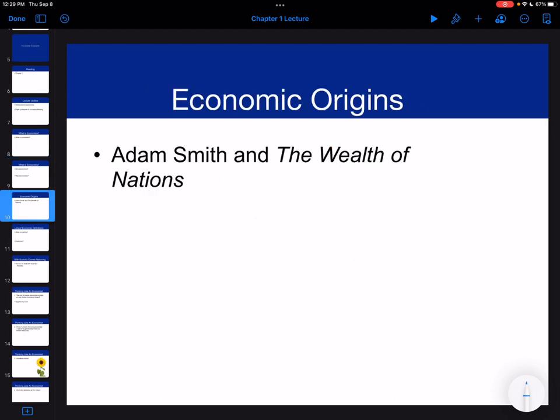All right, so where does it all begin? Well, for us, it begins with this class. But for economics, it goes back to Adam Smith. Adam Smith was a Scottish philosopher in the period known as the Scottish Enlightenment. And he wrote the book The Wealth of Nations in 1776.